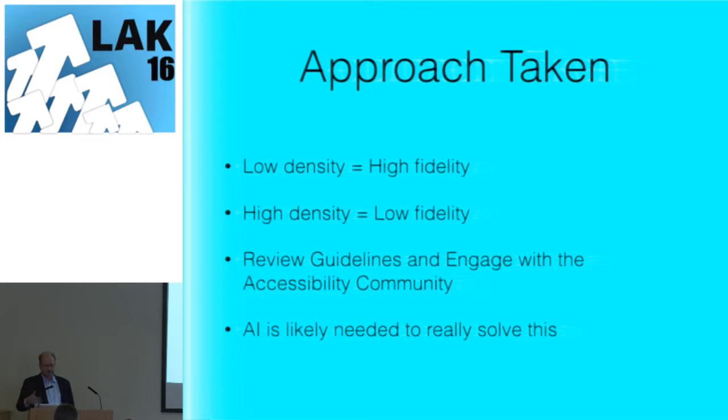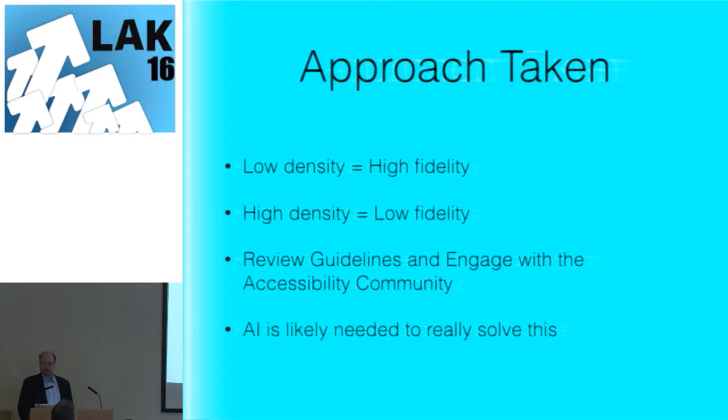So the approach here is, low density gives high fidelity. If you have 14 data points, you can spit them out. If you have 100 or 200, you actually have to sample those data points to make it even reasonable. And of course, if it's infinite, you're stuck, and you do the same thing. You do a little bit of sampling.